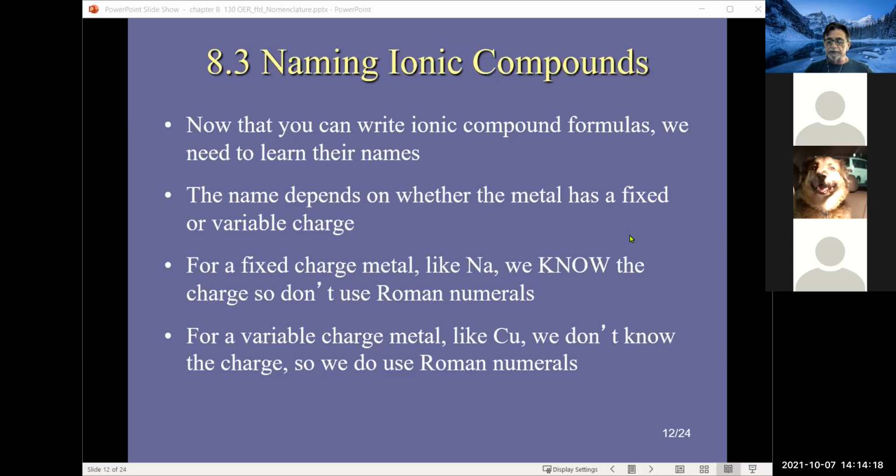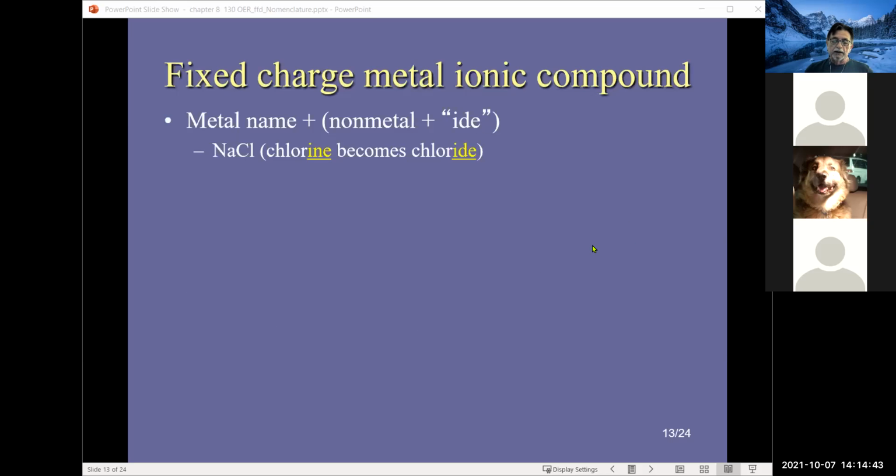Things to remember: names depend on the Roman numerals. If it's a fixed cation, we don't worry about the oxidation number. If it's not part of the 16, we do worry about the Roman numerals. Not if it is part of the 16.